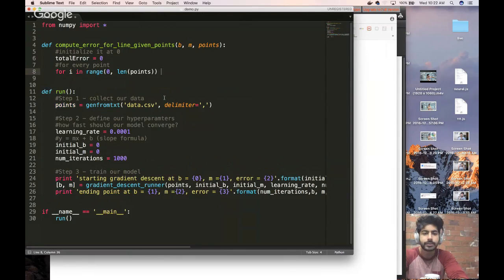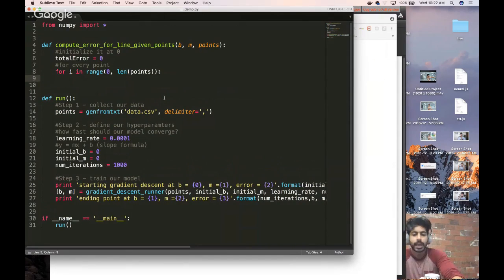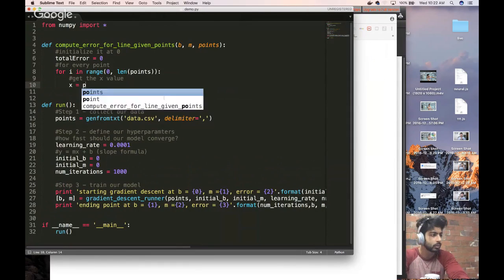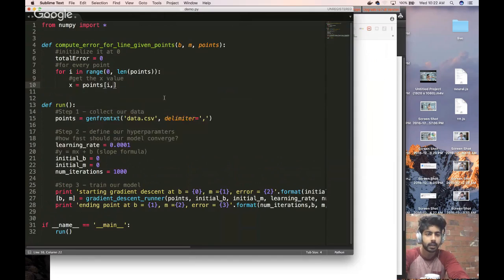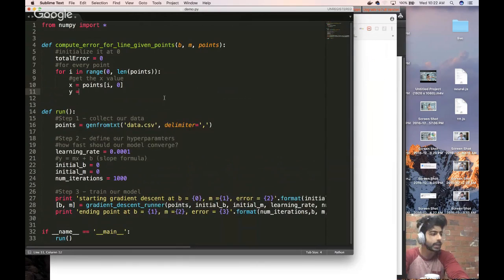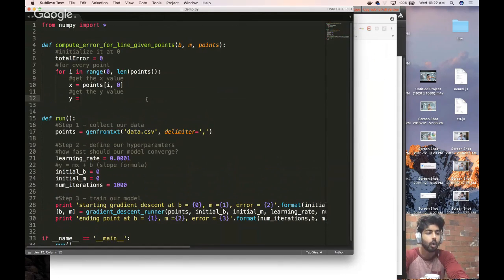For every data point that we have, let's get the x value. So x equals points[i][0]. Then we get the y value. I'm basically programmatically showing what I just talked about mathematically.